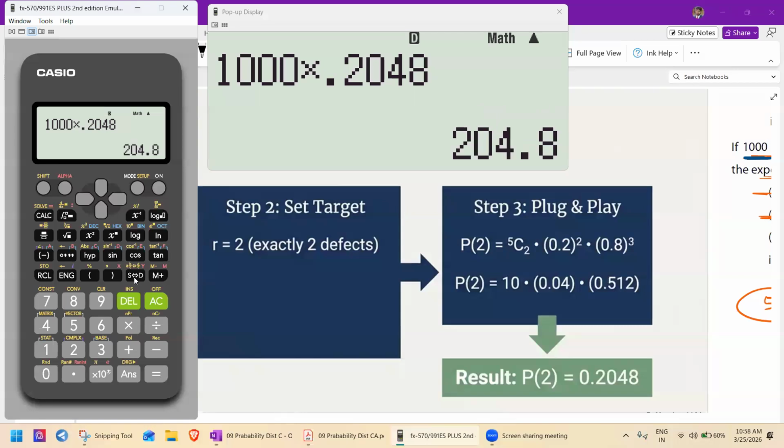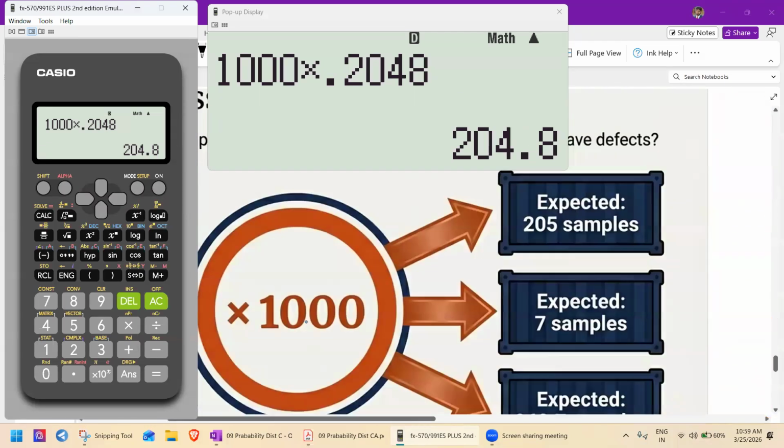So he wants to repeat the test almost 205 times. Out of 1,000 samples, he needs about 204 samples.